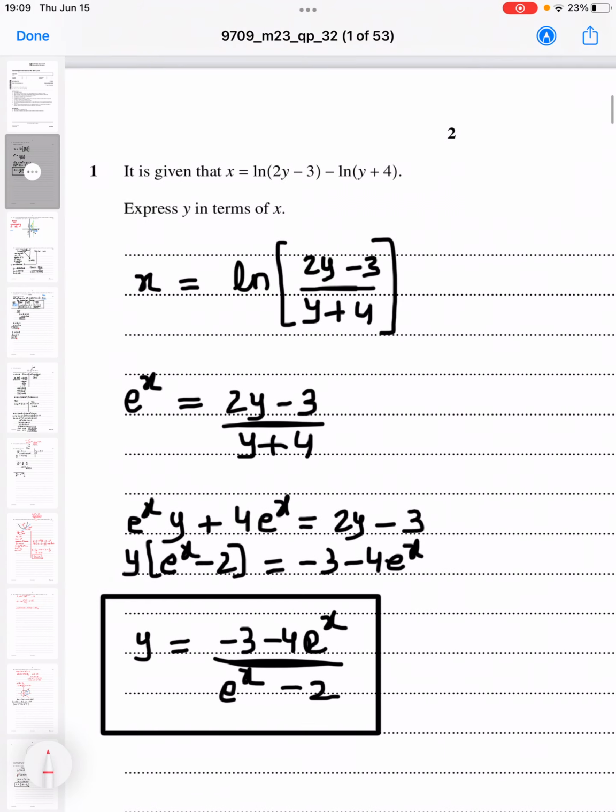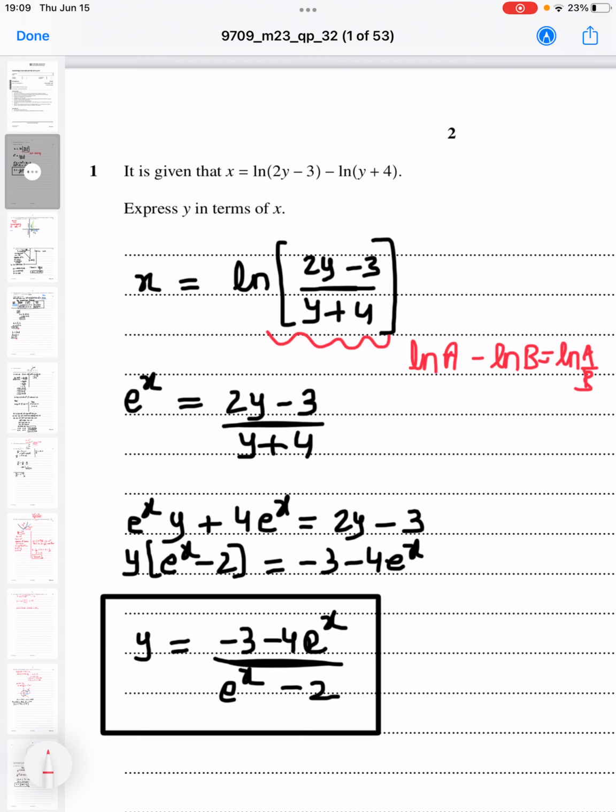Applying ln a minus ln b equals ln a over b, and writing it in this form, then applying exponential on both sides would give us e raised to the power x equals e raised to the power ln. Ln and e are anti-logs of each other, so they would cancel out. That would become (2y minus 3) over (y plus 4).